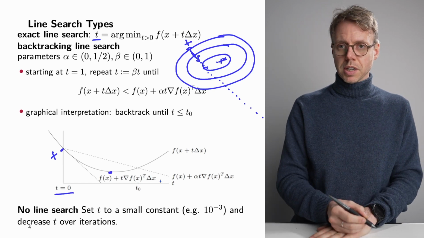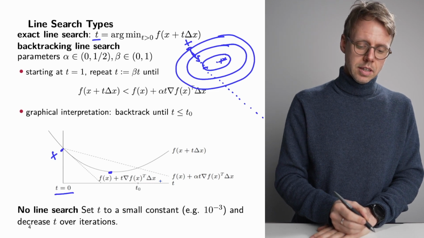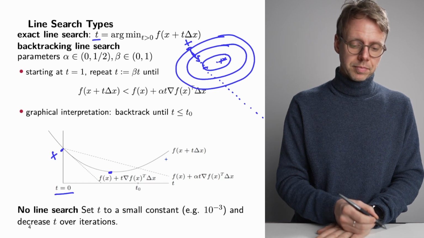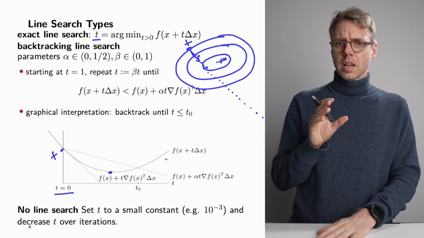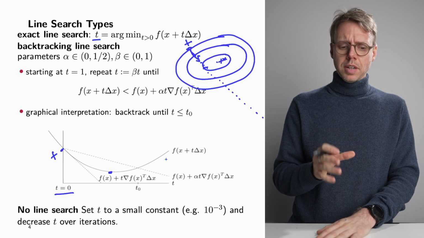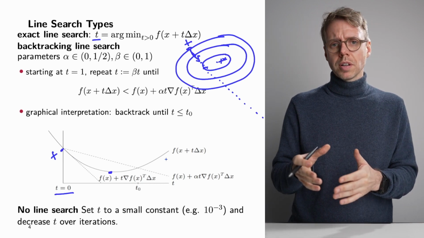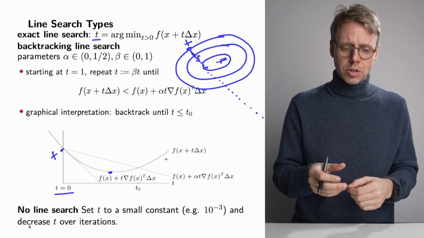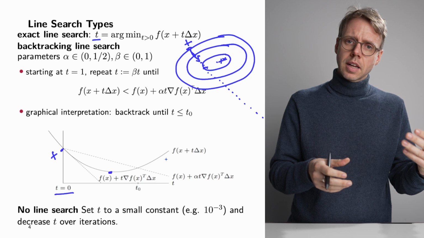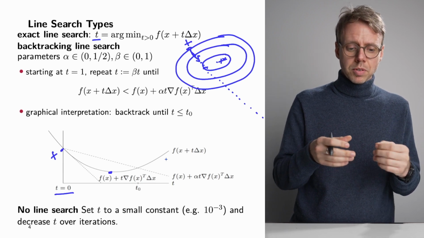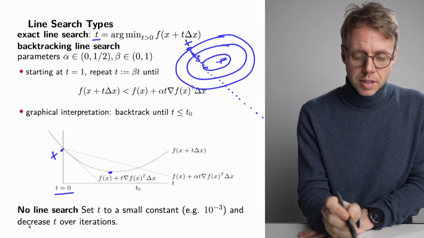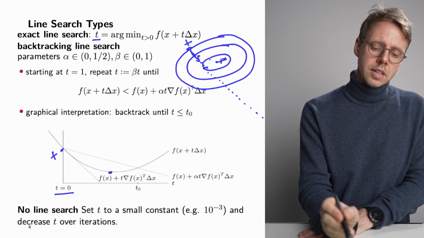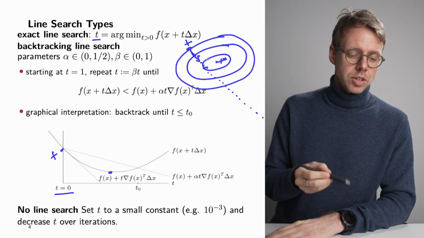Maybe you could even do it analytically by setting the derivative of this one-dimensional function to 0. Most of the time, however, an exact line search is more costly than doing an approximate line search and instead doing more steps. So that might actually bring you quicker to your real optimum of the function.